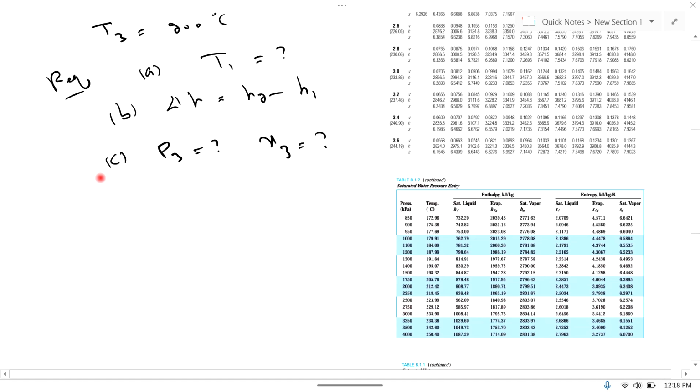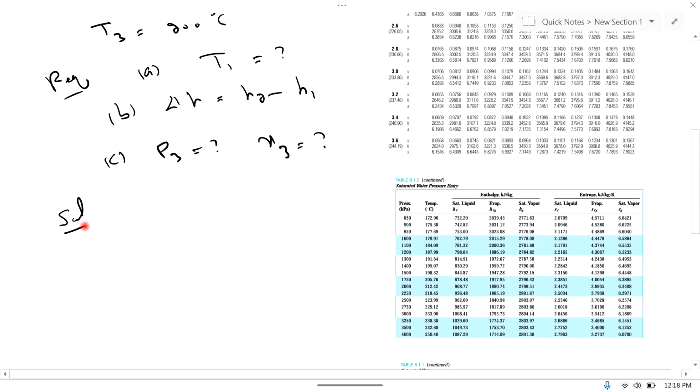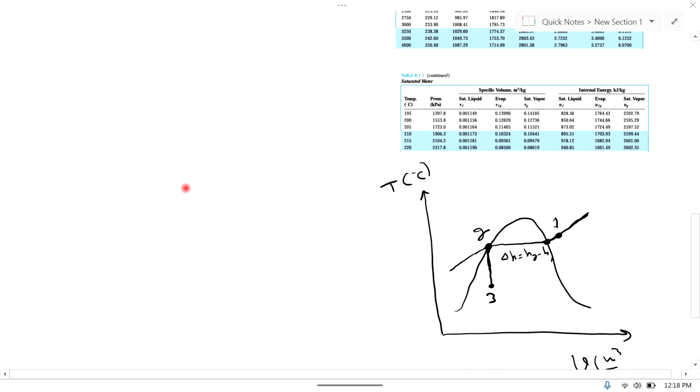So we start the solution. First we find the initial temperature T1. T1 is equal to saturated temperature plus 5 degree centigrade, because at this point the temperature is T1, and here there is a 5 degree rise in superheating, and from this point to this point the temperature is constant, which is the saturated temperature.